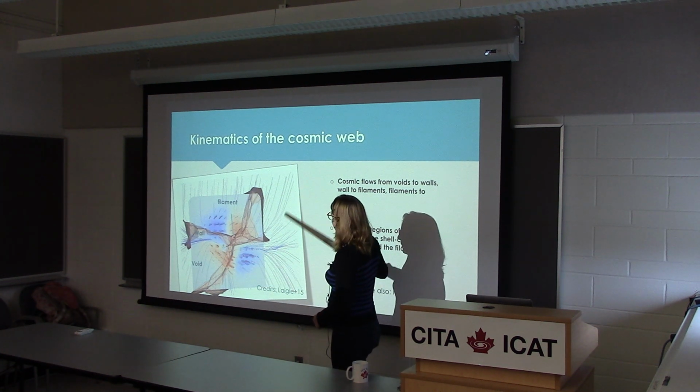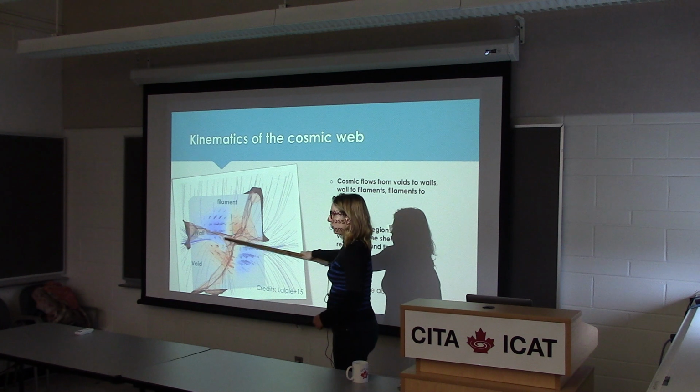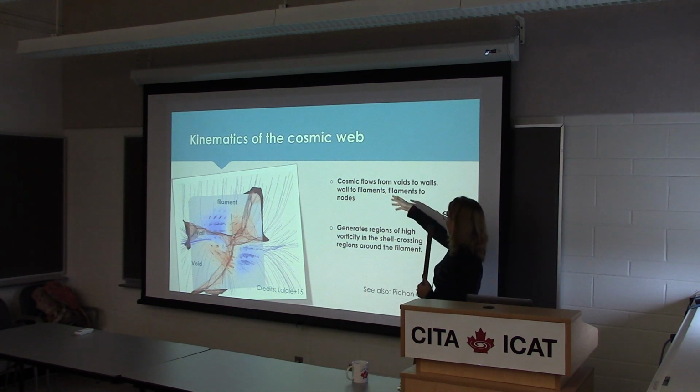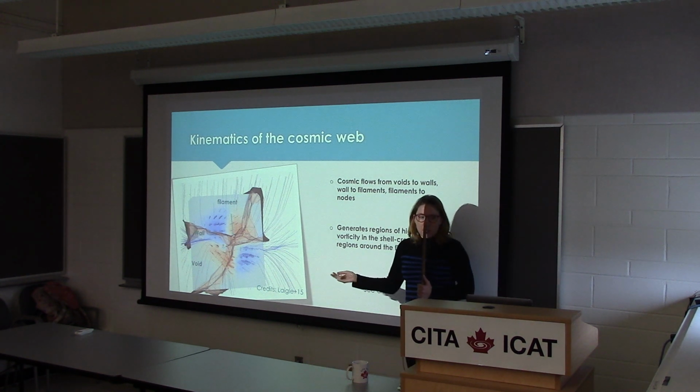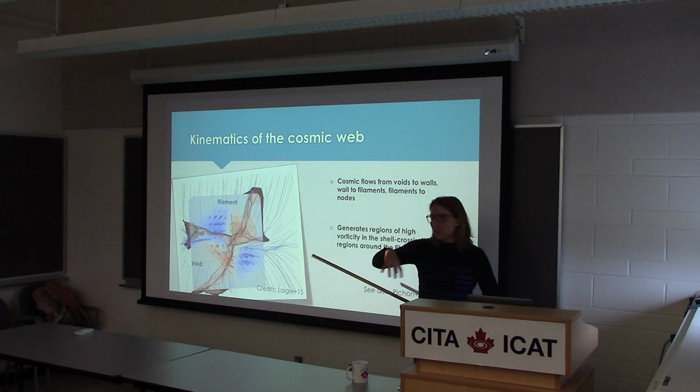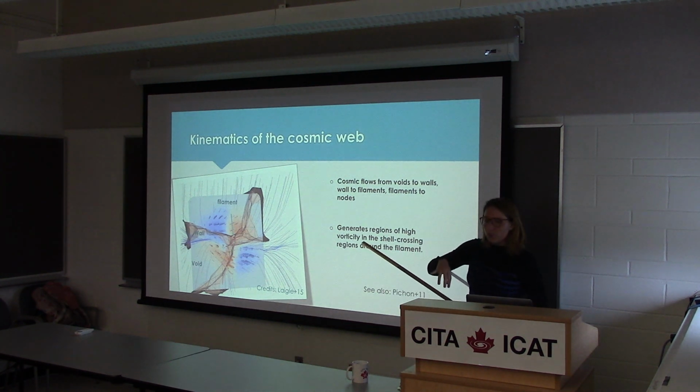You have a few example tracer particles to show you the flow. By cosmic flows, we mean that matter flows from void to walls, then from walls to filaments, and from filaments to nodes, which in the process generates regions of very high vorticity in the vicinity of the filament, where most of the shell crossing happens.